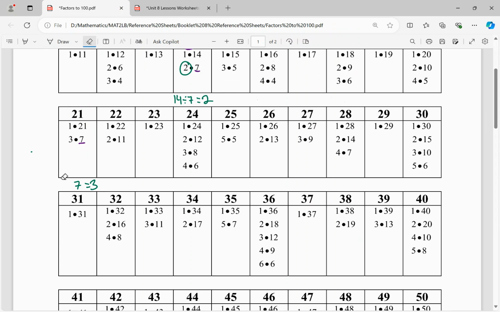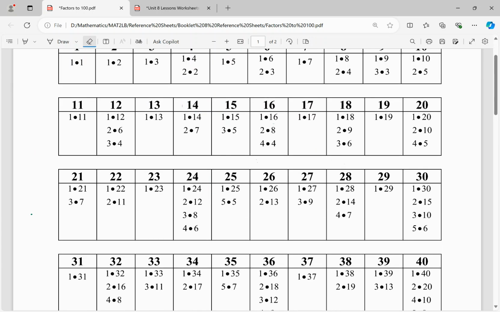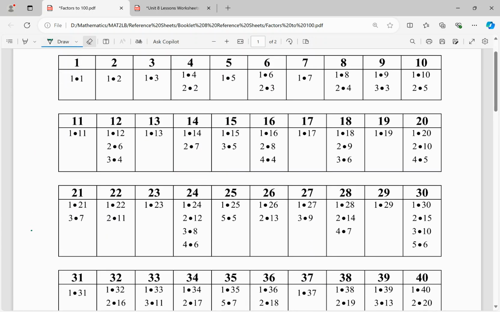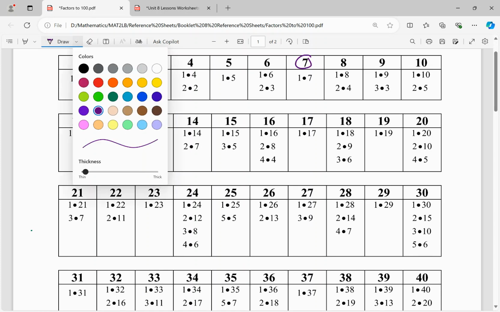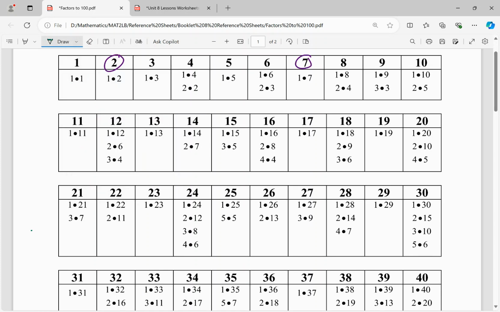Let's find 2 and 7 and see what the greatest common factor is. So here is 2, here is 7, and there's not much going on, right? There's not much going on underneath these two categories. The largest number that they have in common is actually just 1.